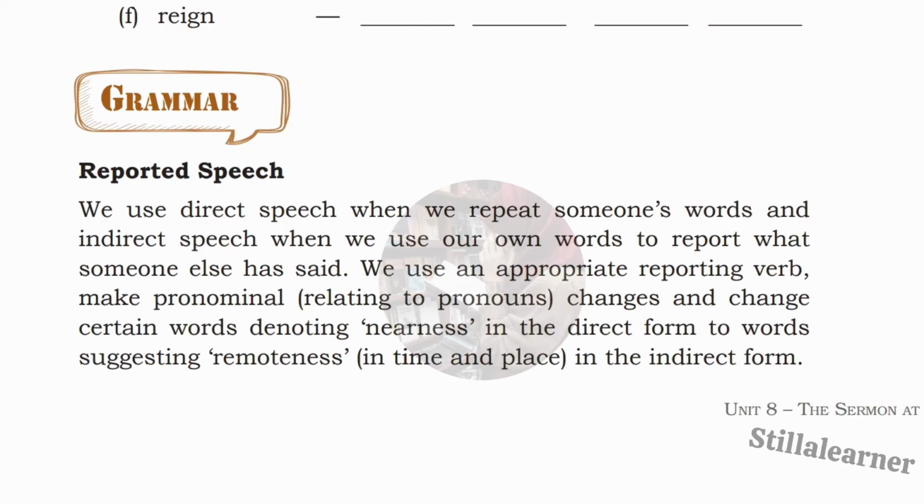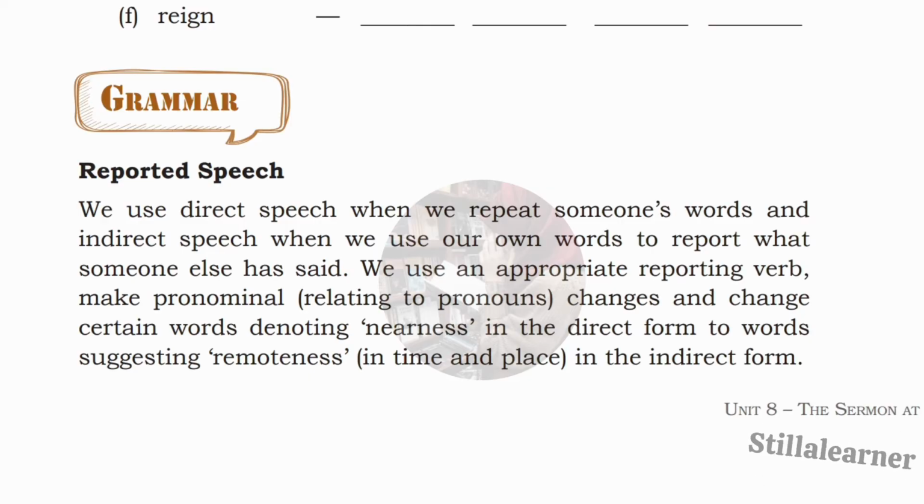One is direct speech and another one is indirect speech. So what is a direct speech? Direct speech is to repeat or say the exact words of the speaker, whereas indirect speech means to use without the exact words of the speaker, or else I can say we use our own words to report what someone else has said.